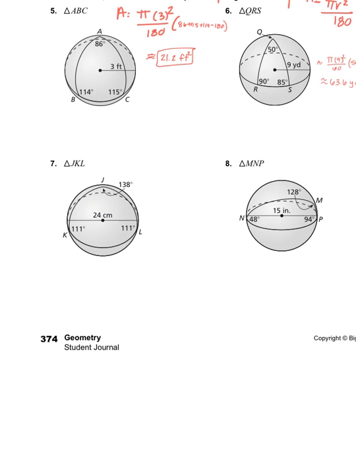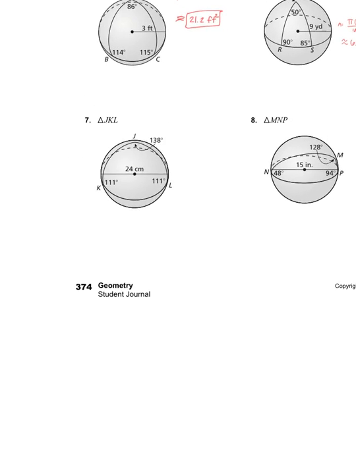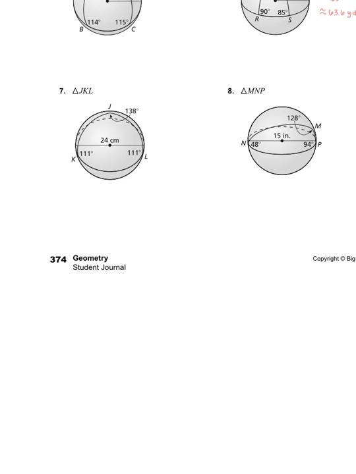Alright, you guys should have tried these next 2, so let's go ahead and do this. So for question 7, we're given the diameter. Obviously, we need the radius. The radius is just half of that, which is 12. So again, I have my area equals pi times 12 squared over 180, and then times the sum of my 3 angles minus 180.